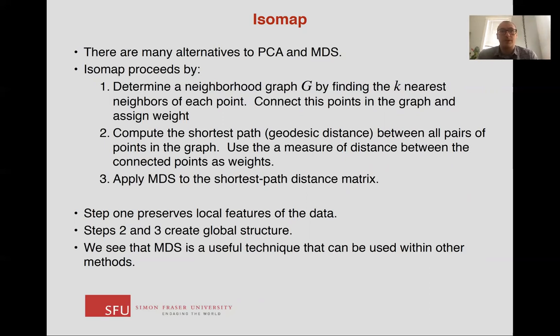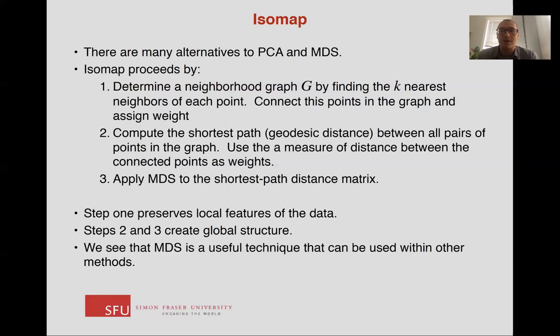This gives us an idea of the connectivity between points, or which point is a neighbor to others. From this, we compute the geodesic distances between all pairs of points in the graph. So this becomes a distance matrix, similar to the ones that we use in MDS. Then, in the third step, we actually apply MDS to this shortest path distance matrix.